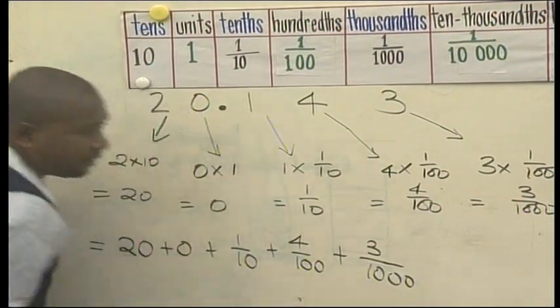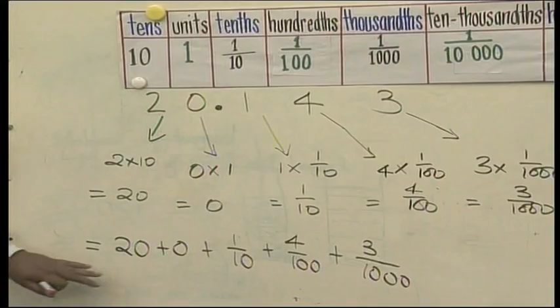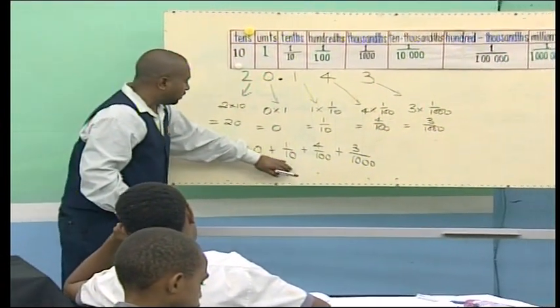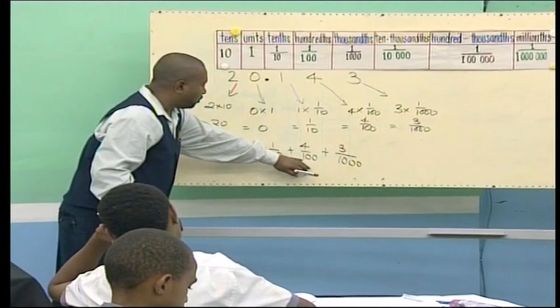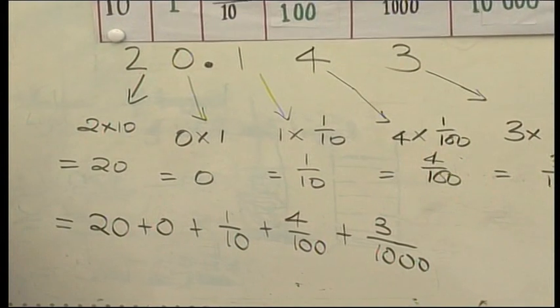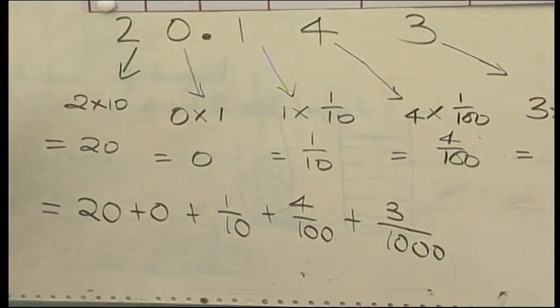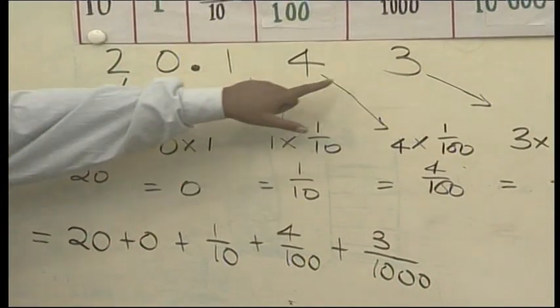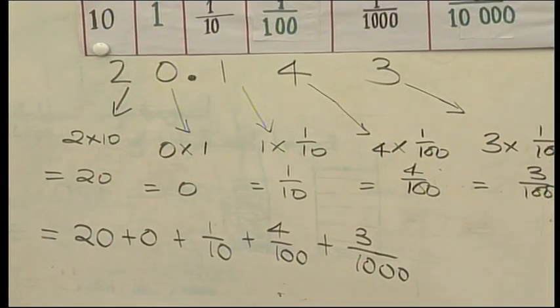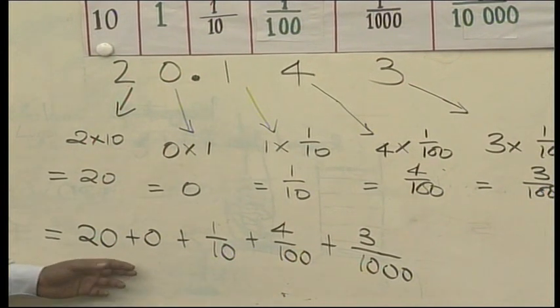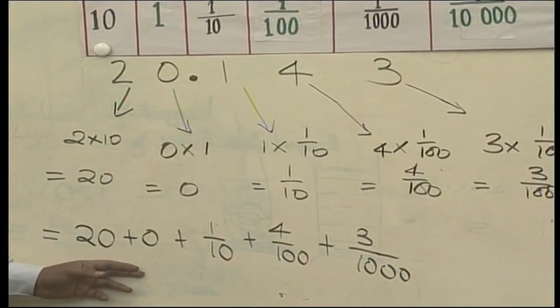Okay. Now, when you add these, you will come up with the number 20.143. Can you see that? This is written in expanded form.